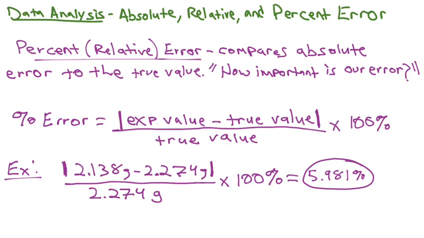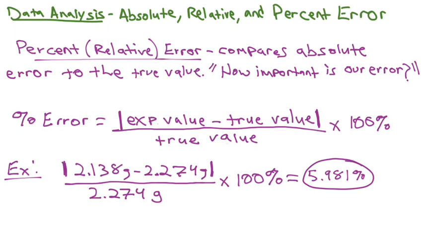So in this case, your percent error gives you an indication of how much percentage of your sample you lost in your experiment. If your absolute error is a positive number, then this tells you how far off percentage-wise you are from the true value.